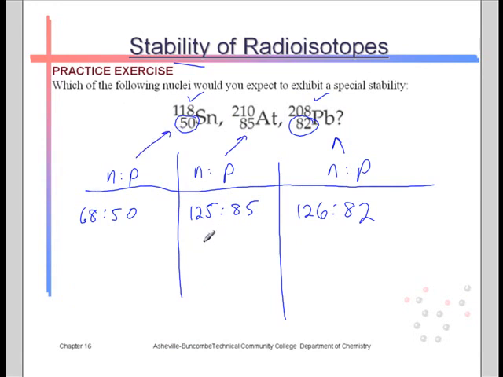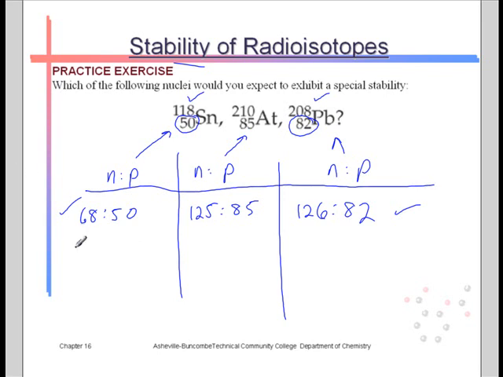Well, one thing I'm seeing is that, again, the two that had the magic numbers to begin with, they also have an even number of protons and neutrons, and that's one of the criteria that we looked at on that last slide. And then if I want to calculate the ratio here, I don't know really. Let's just see what it comes up with.